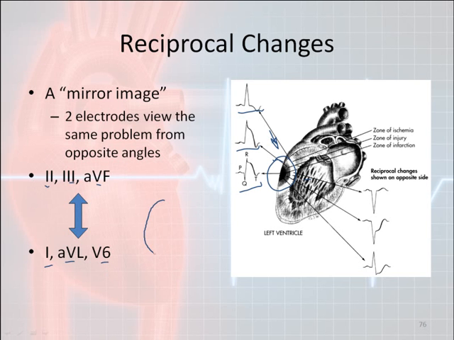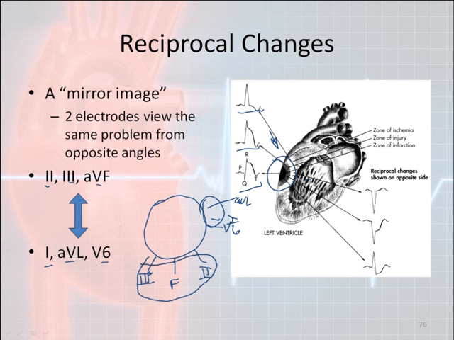Because if you remember the hexaxial plane, down here, here, and here, this is 2, this is 3, this is AVF, this is going to be lead 1 or V6, and lead 1. And up here is going to be AVL. So if you're having a problem over here, these are going to show reciprocal changes. On the flip side, if you're having a problem here on the heart, these are going to show reciprocal changes.